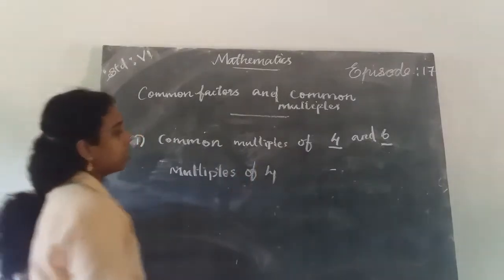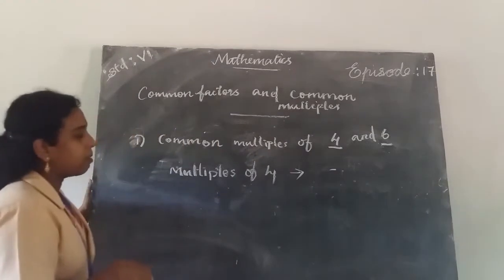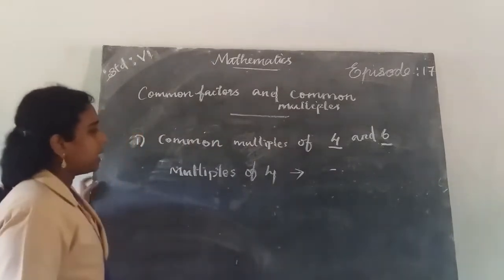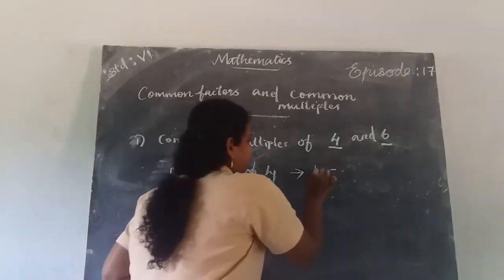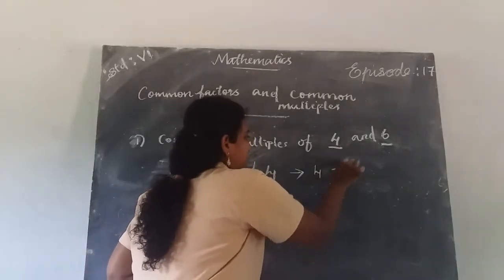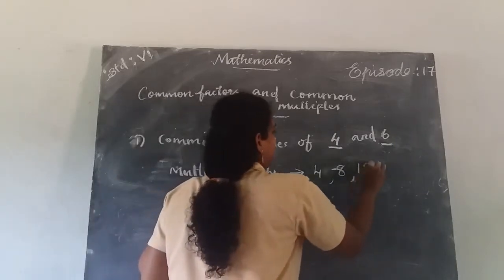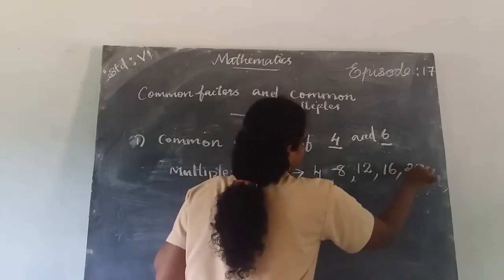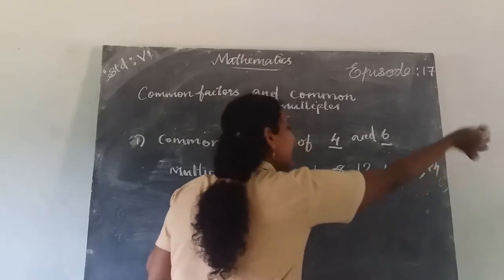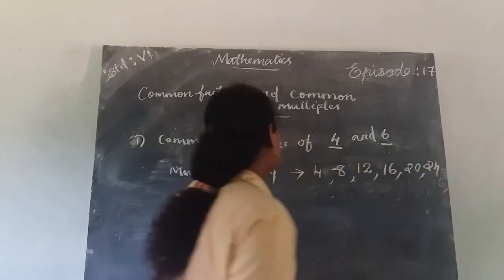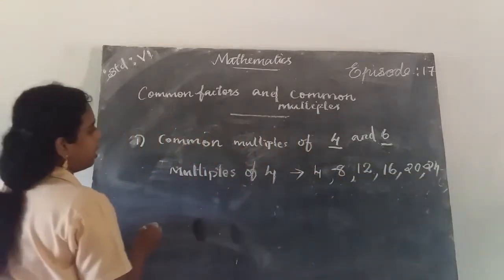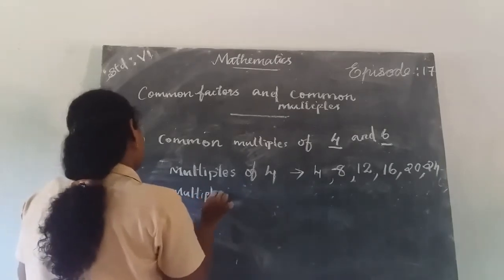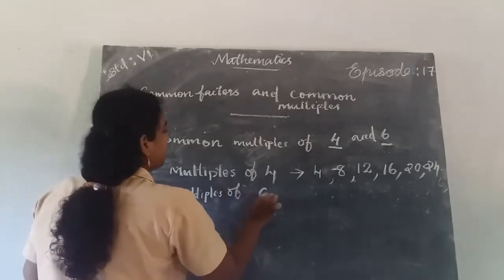Multiples of 4 means we multiply the number by 1, 2, 3, 4, etc. So the multiples of 4 are 1 four is 4, 2 fours are 8, 3 fours are 12, 4 fours are 16, 5 fours are 20, 6 fours are 24, etc. Okay. Then find the common multiples of 6.